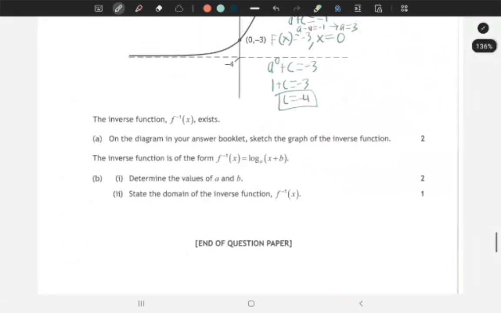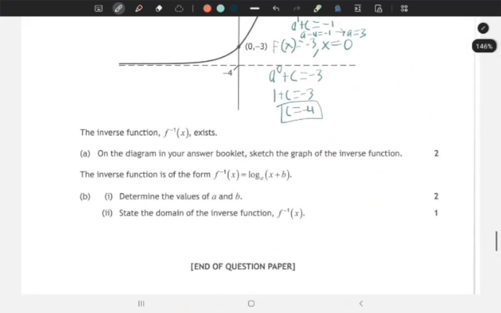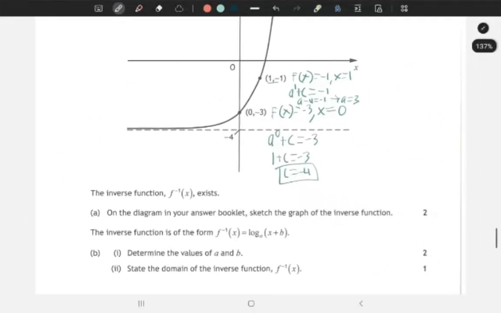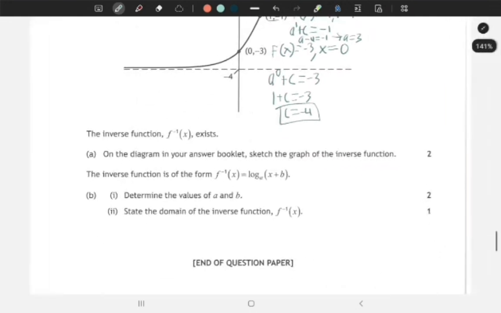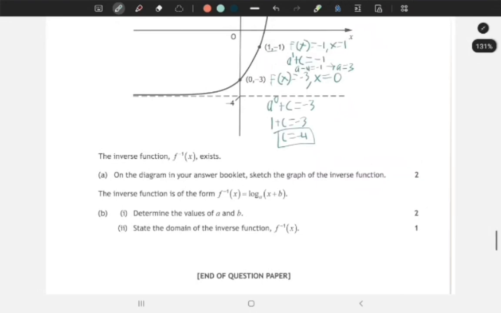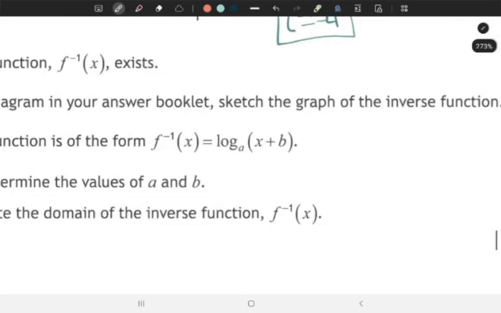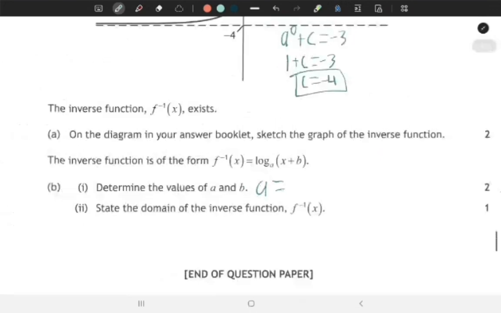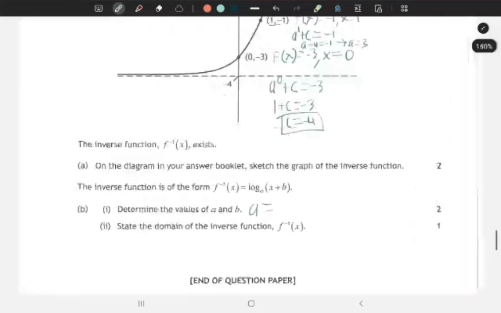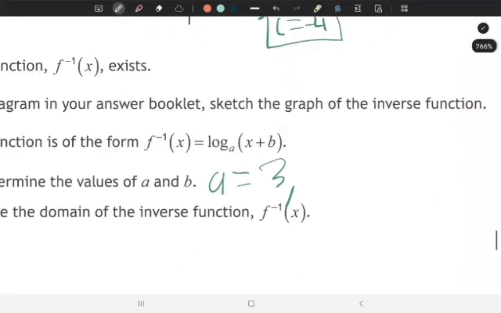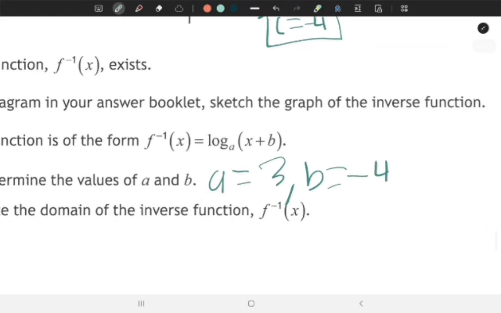Okay. For the inverse function, the inverse function simply flips the x and y, which we'll do later, but let's do the p1 and p2 first. So the value of a is simply what we've written, 3, and p, which is our constant, is -4.